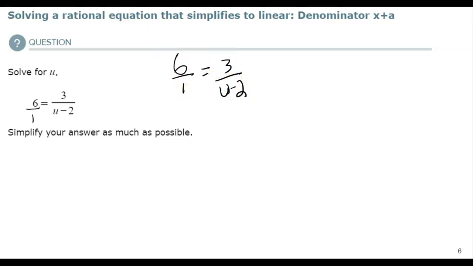I need both of the denominators to be a u over 2. So go ahead, pause your screen, see if you can solve it from here.